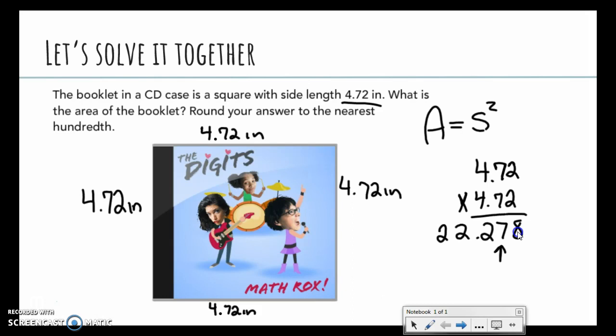So you should have 22.28. So good. Okay. Just like normal multiplication, you just multiply everything out and then add it together. Alright, let's move on.